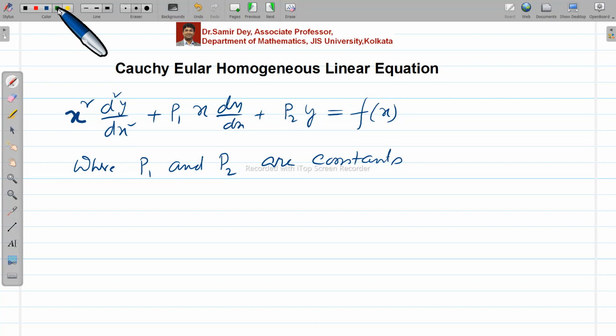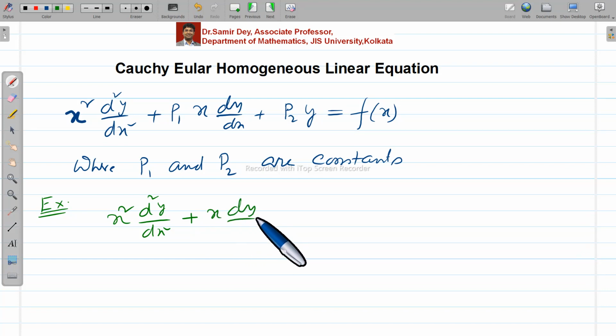Now try to understand some numerical examples. For example, x square d square y by dx square plus x dy dx plus 3y is equal to, suppose, x. So this is one example.